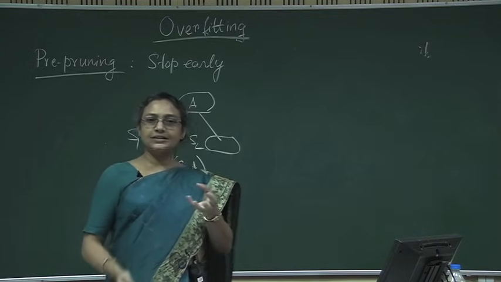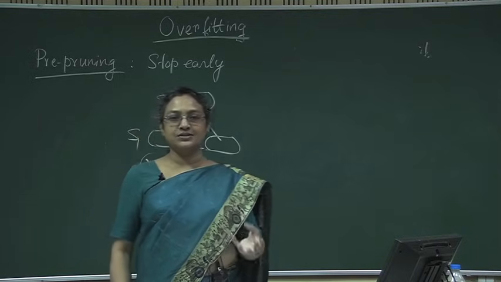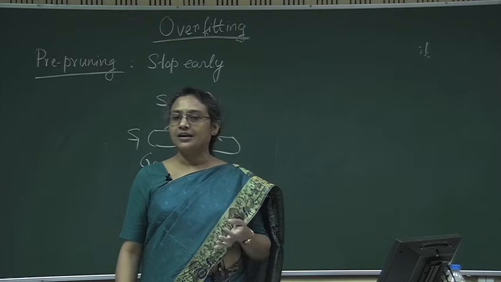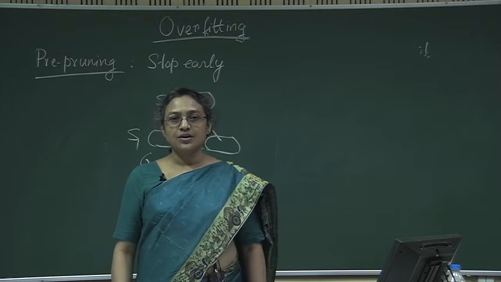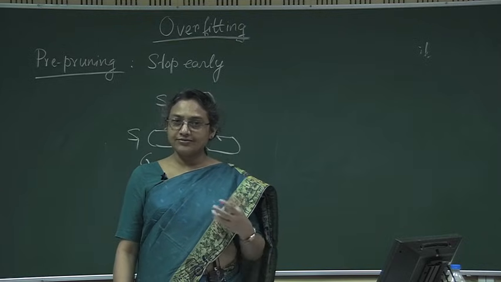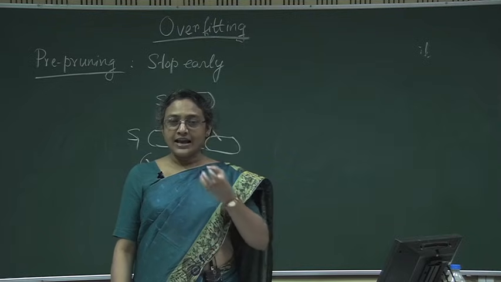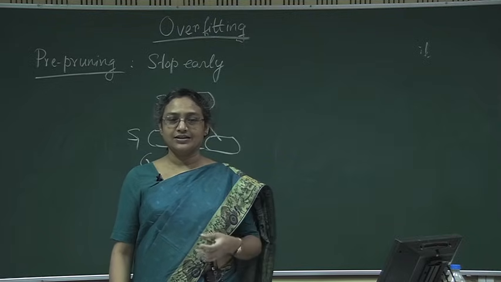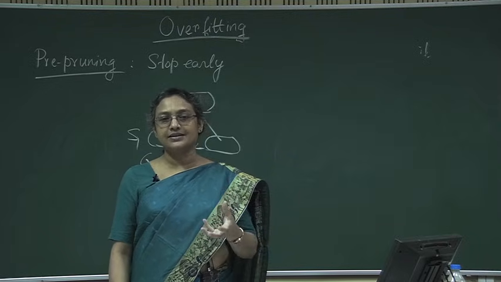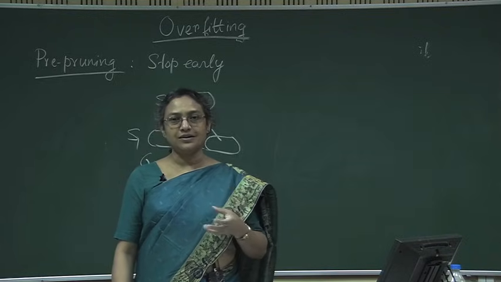The attribute with the highest gain should have a positive gain. If there is a negative gain, there is no reason to use the attribute. But even if there is a positive gain, if the gain is not statistically significant, we will stop at the node.